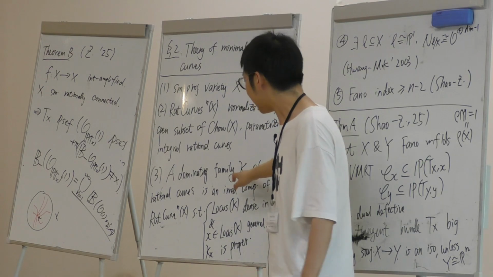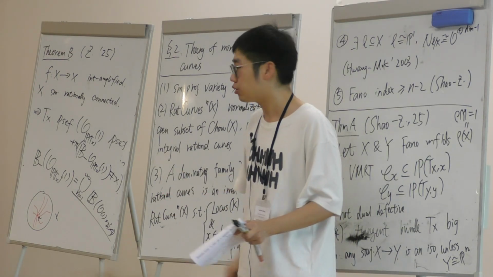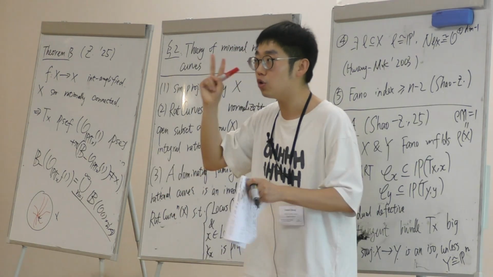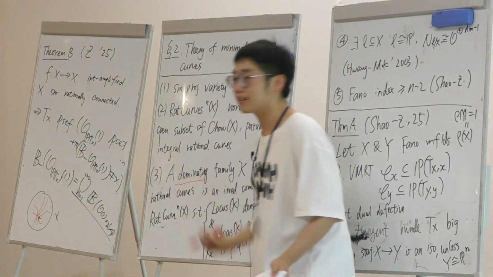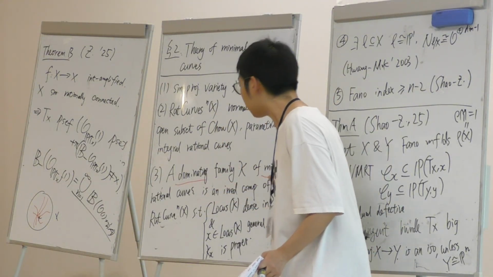So for a family K to be a dominating family of minimal rational curves, note that there are two important notions. One is dominating. The second is minimal.